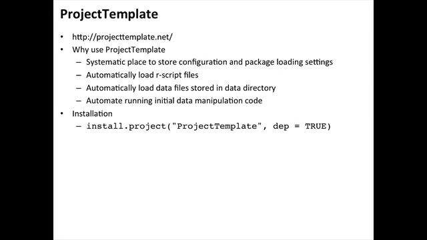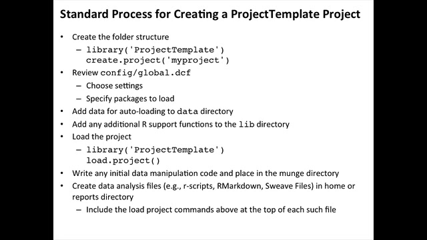You can learn more about it by going to ProjectTemplate. And the general idea is that if you want to create a new folder structure based on ProjectTemplate, you just run install.project. So that's how you load the package. If you wish to get that package loaded and create a new project, you add the ProjectTemplate package as a library and you run the create project function.